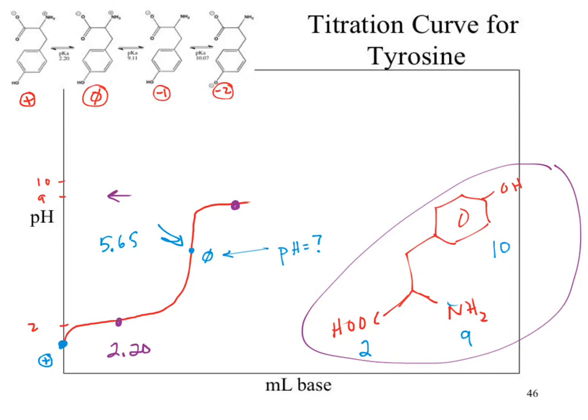Notice I've given you the pKa's that I want you to use, so you don't have to have them memorized, for all three functional groups. And notice I've given you a structure.